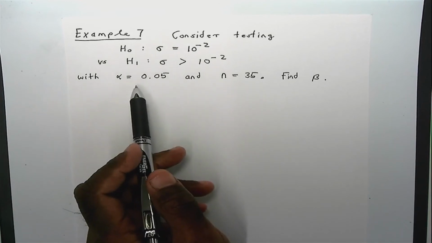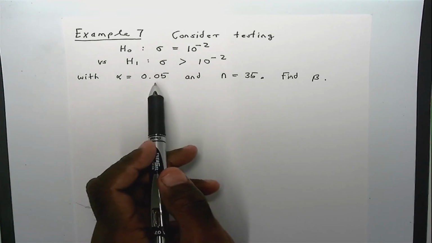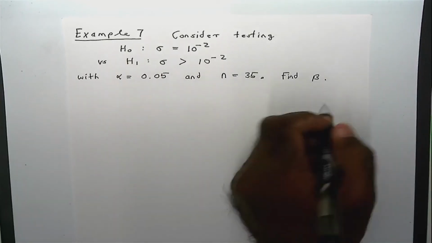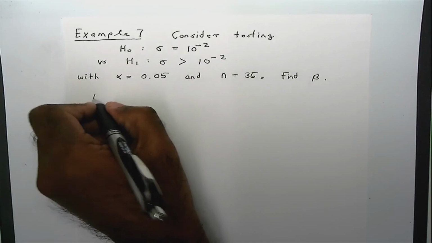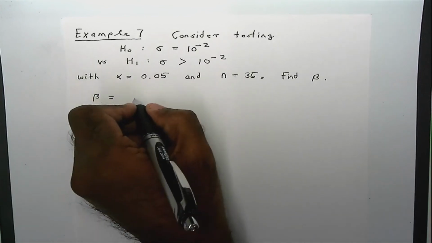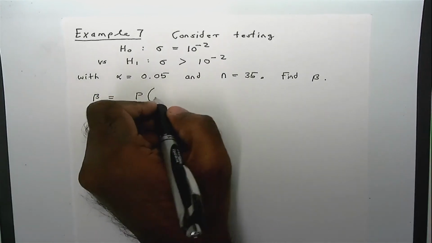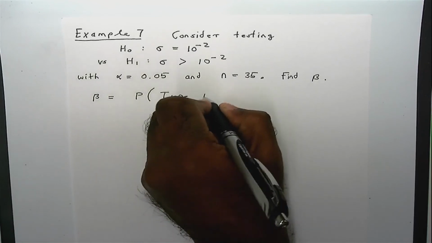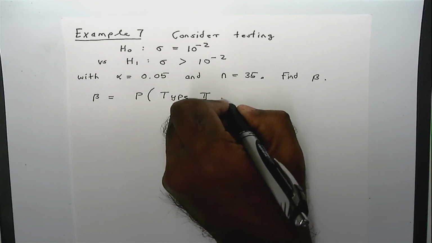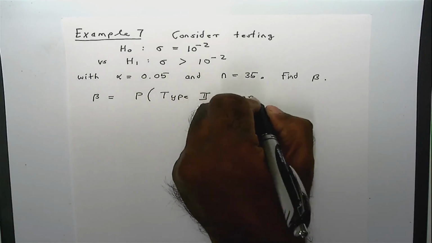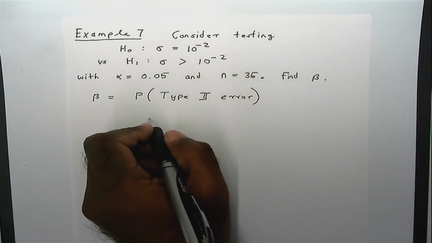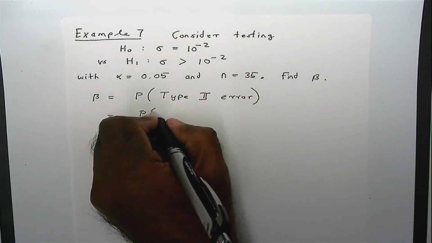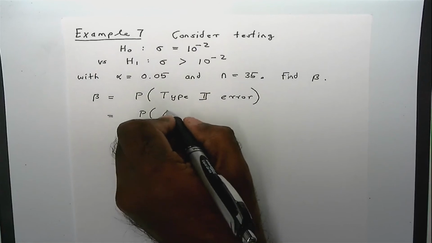Alpha is the probability of type 1 error, 0.05. Sample size is 35. The question is to find beta. To find beta, I'm going to use the standard test. When I say standard test, I mean the test I gave you in the video on one sample tests.